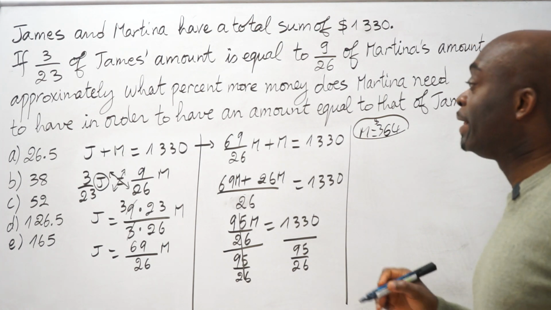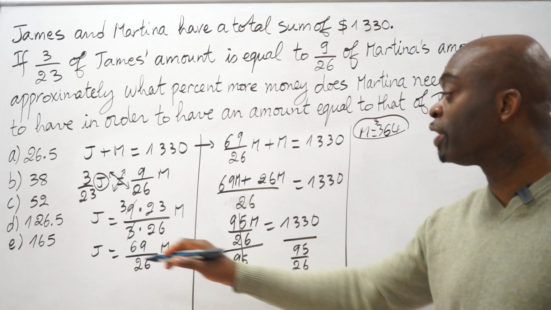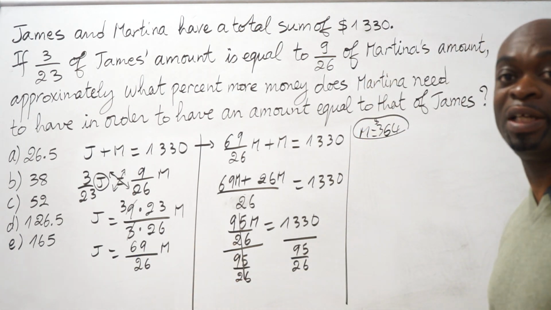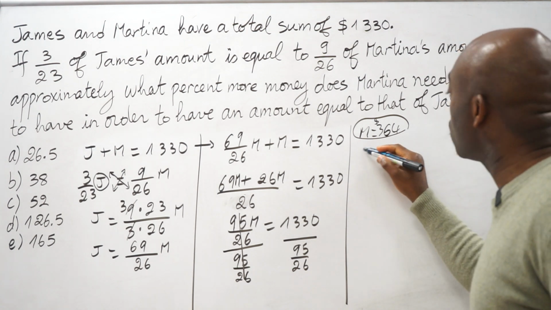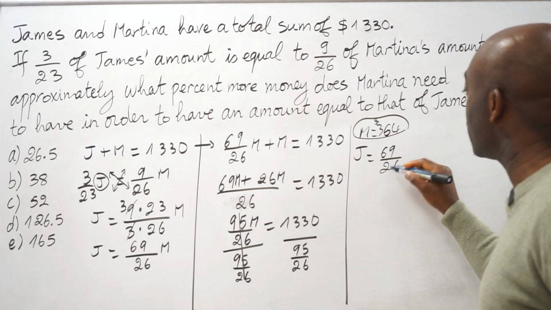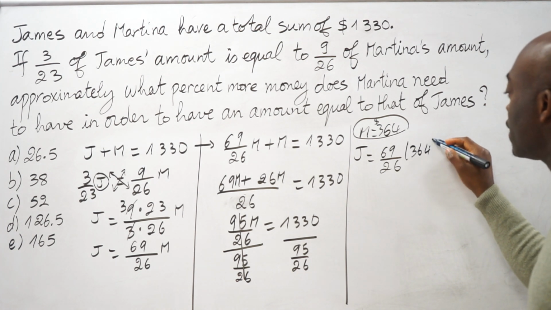And then how do we get the amount for James? By going back over here and substituting. James is equal to 69 over 26 times M, and M is 364.